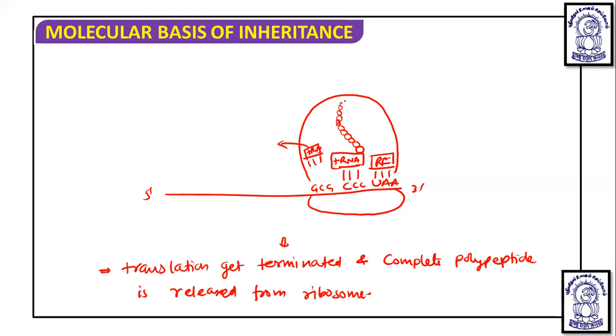So this is the complete polypeptide, which is going to gain its conformational change and gain a proper, stable structure, and that is regarded as a protein. Okay, so like this, the whole translation process occurs.